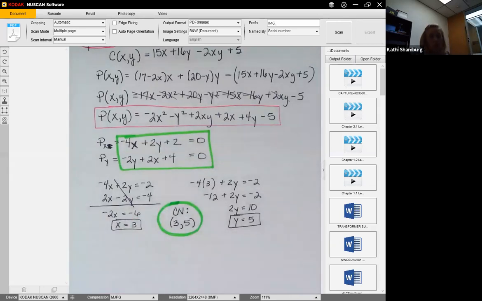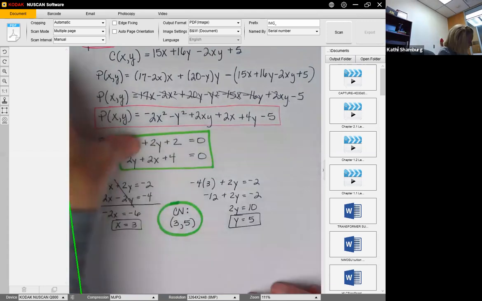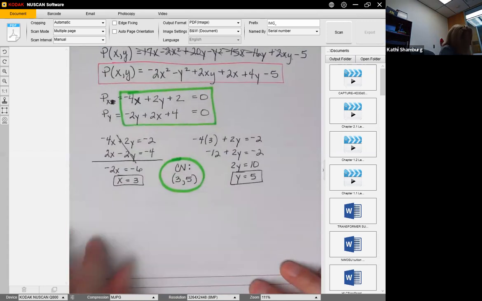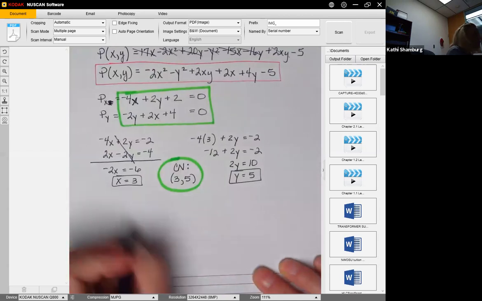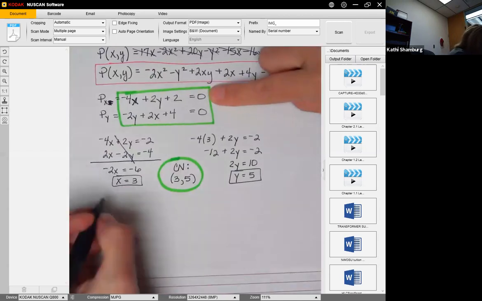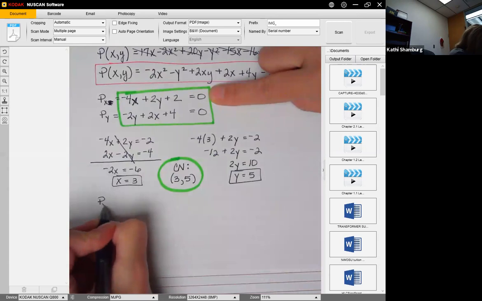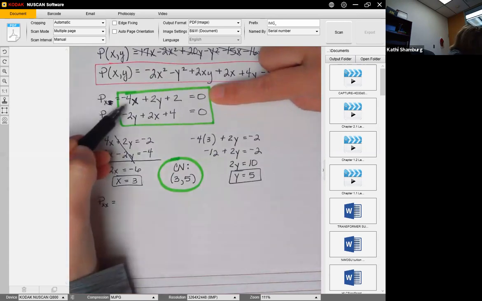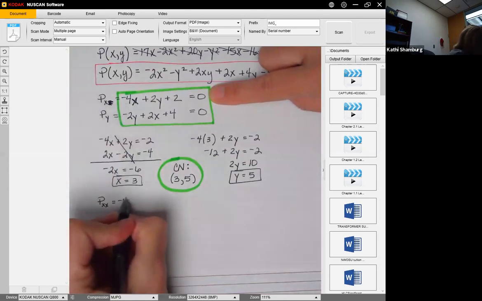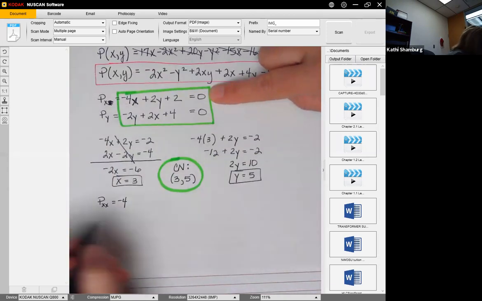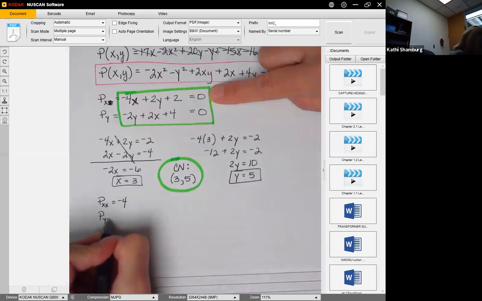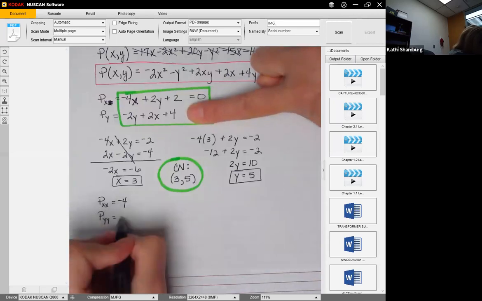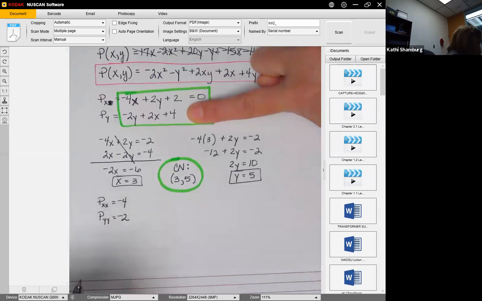All right. So now we did critical numbers. That's the first step. Second step is the second derivative. Let's see, yep, we need to be able to see this. So now we're going to do the second derivative, P_xx. The first derivative with respect to x would be negative 4 plus 0 plus 0. P_yy would be negative 2 plus 0 plus 0.